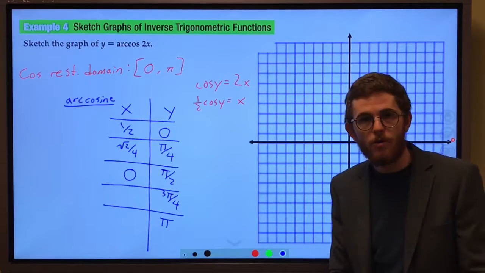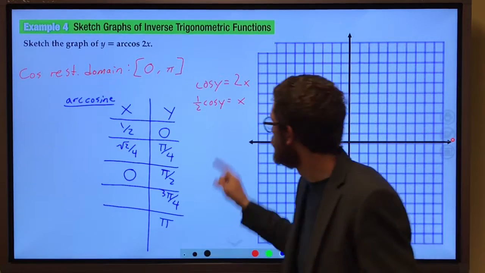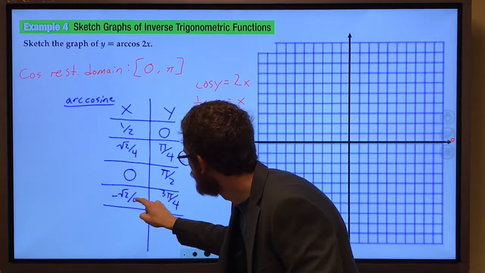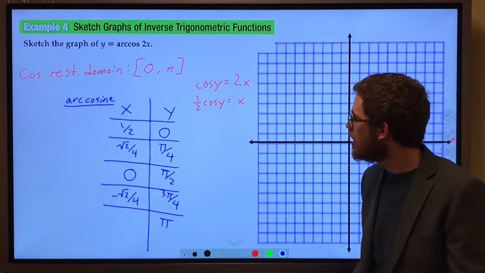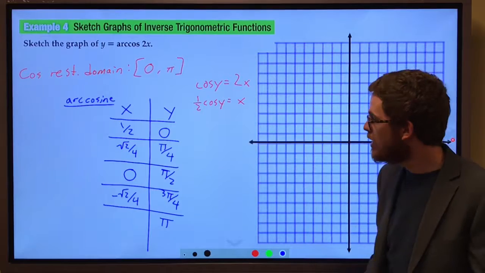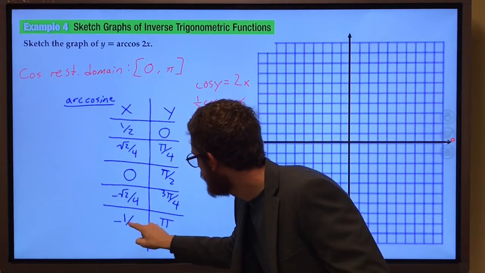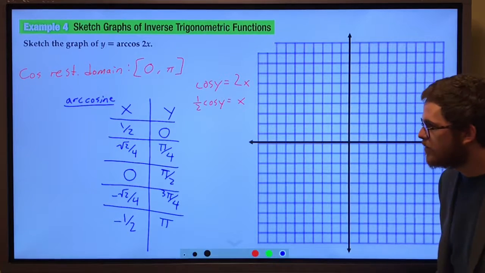Cosine of 3 pi over 4 is a negative root 2 over 2 times 1/2, a negative root 2 over 4. And cosine of pi is negative 1 times 1/2 is a negative 1/2.